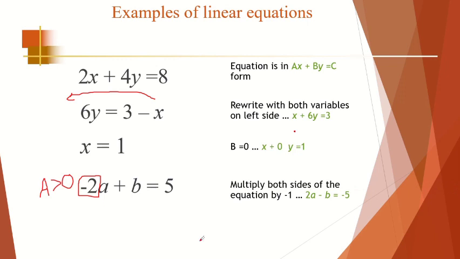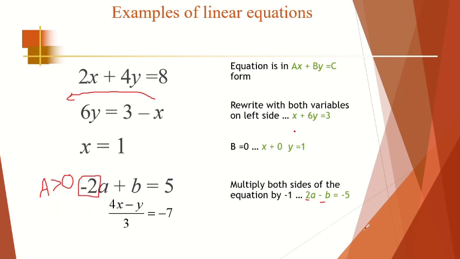So we have 2a minus b. Negative 1 times negative 2 is positive 2. Then negative 1 times positive b becomes negative b. Then both sides of the equation: 5 times negative 1 is negative 5. I hope you all get my point.